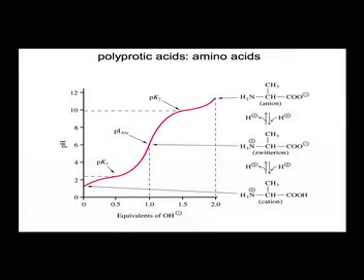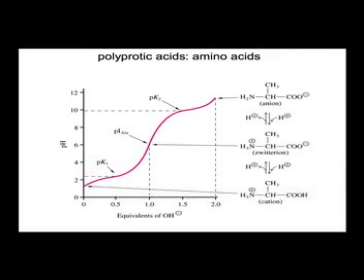Amino acids, free amino acids, are essentially polyprotic acids or bases. They have multiple ionizable groups. They all have at least two ionizable groups, that is the alpha amino group and the alpha carboxylic acid group. This is sort of a complicated diagram. This is just a titration curve. As we've seen previously, we see that there are two pKa's.